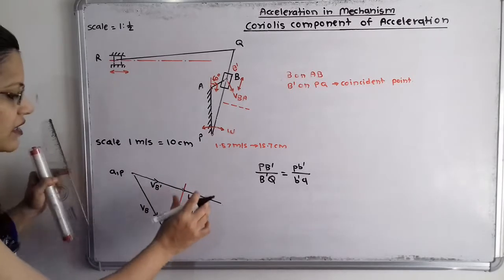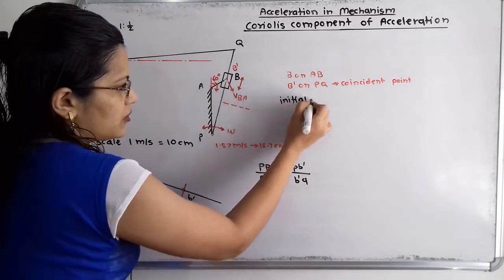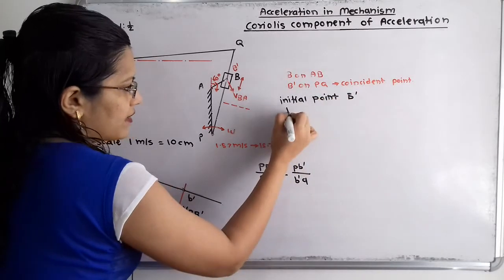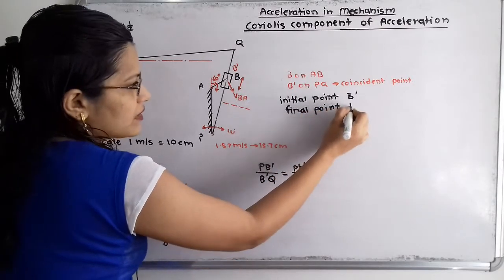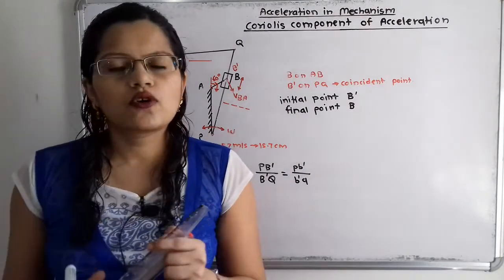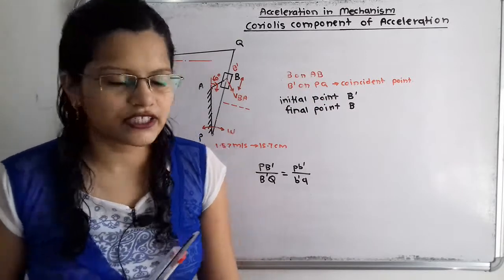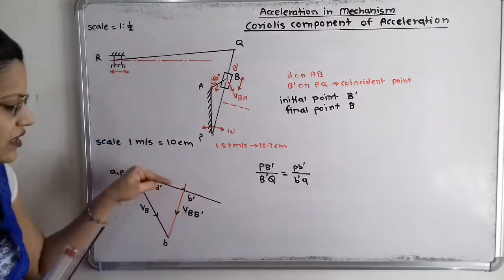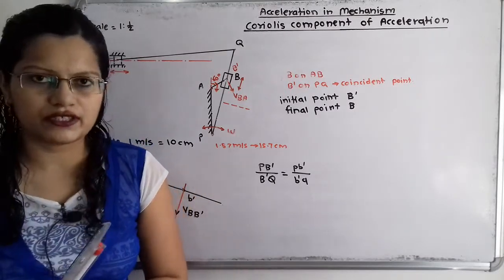So we can say that the initial point is B dash and final point B. Now it is very important to locate the direction for Coriolis component of acceleration, and that's why here we have to clear that we have to take arrow in the downward direction or upward direction. We can select any one direction.